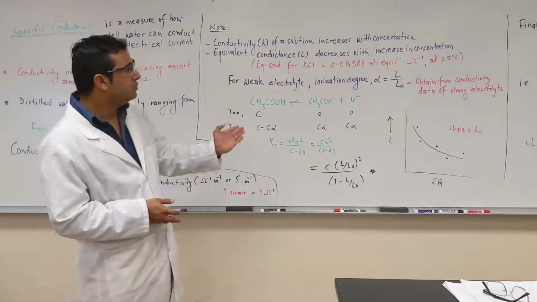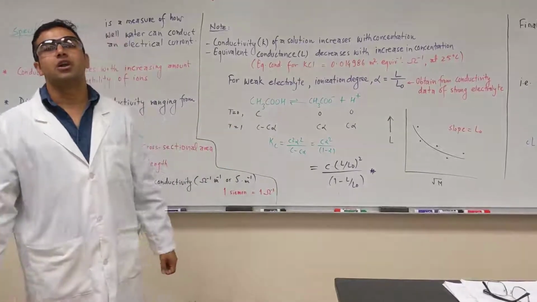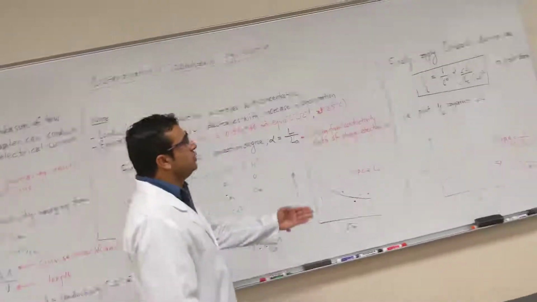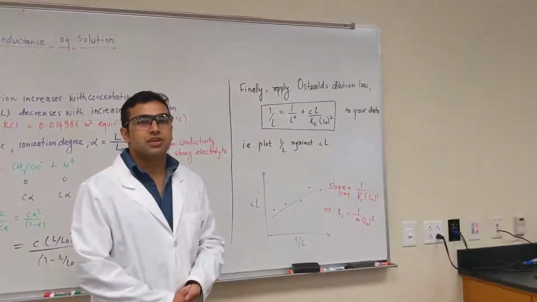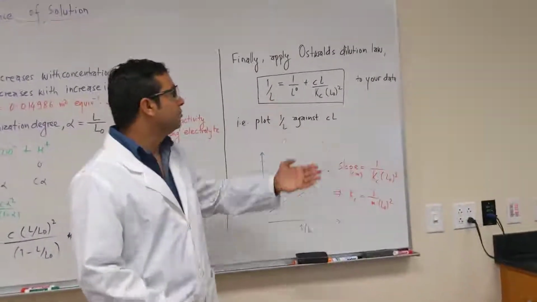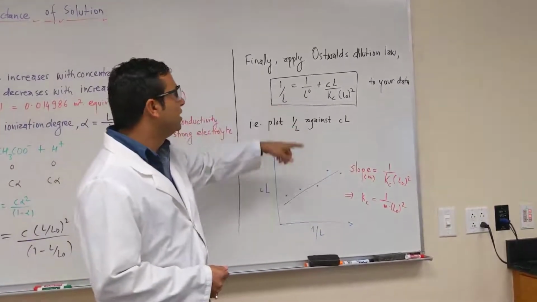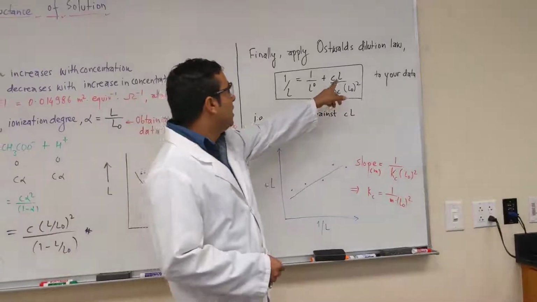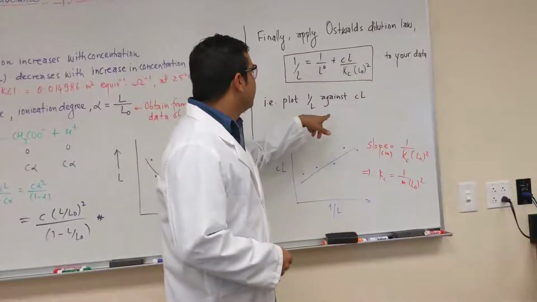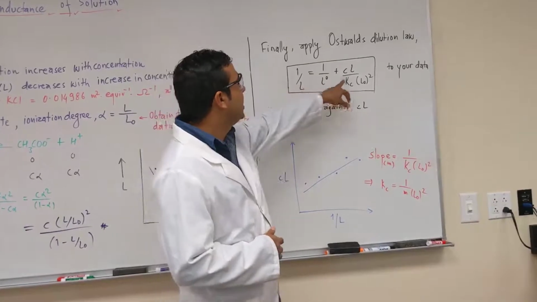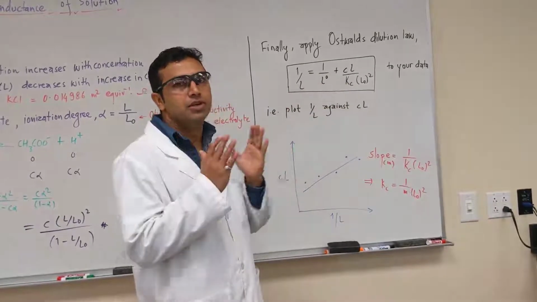But what we will actually use is Ostwald's dilution law to determine the value of Kc. So as you know, Ostwald's dilution law, this is the equation here, right? So what we do is we will plot 1 by L against C L, right? So you can say y equals m x plus c, right? This is your equation.